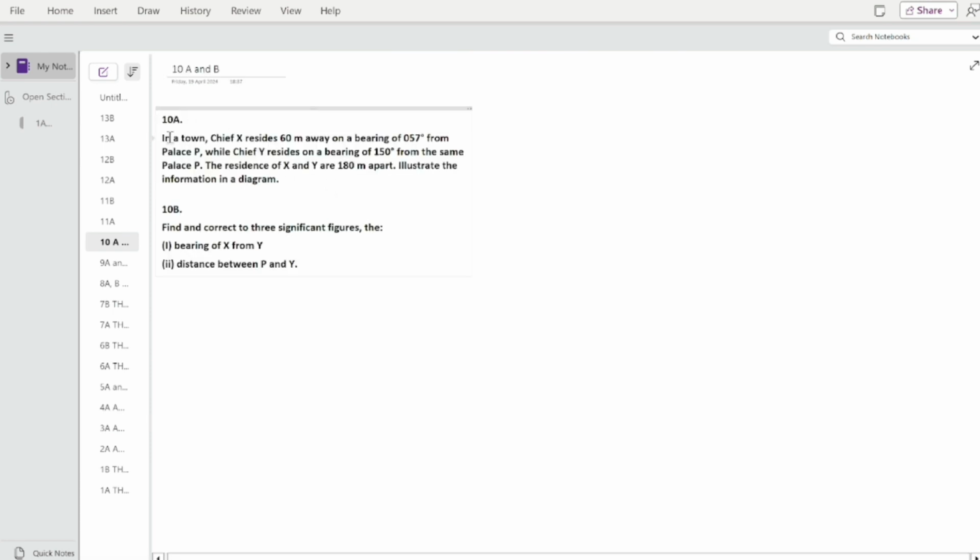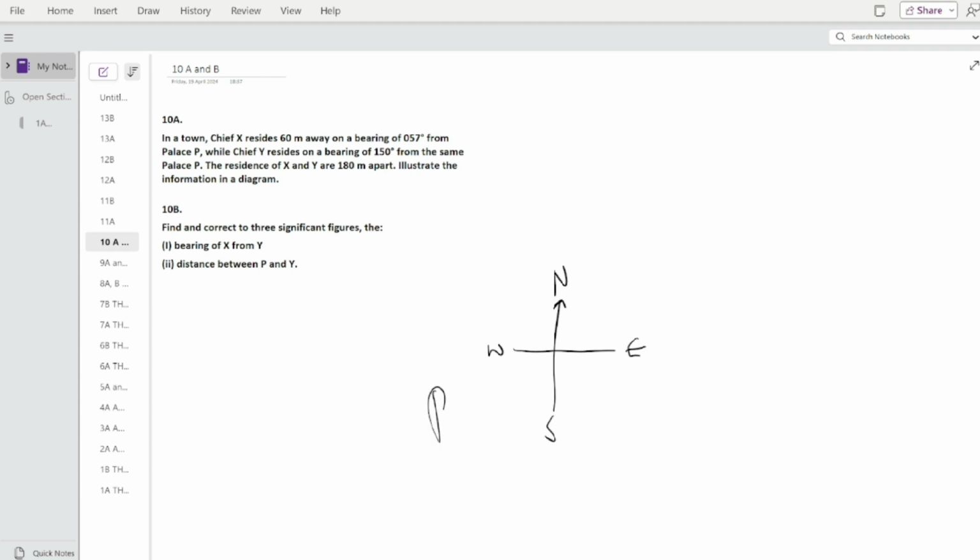We'll start with, in a town, Chief X resides 60 meters away on a bearing of 57 degrees from the Palace P. So the bearing from the Palace P is 57 degrees. We have our 4 cardinal points, and we know how our bearing operates. This is the palace.